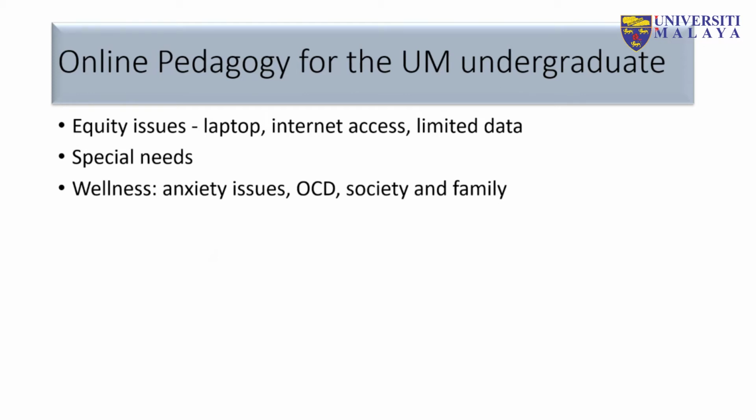In the university, they don't have so many issues, but when they have limited data, they have to prioritize whether to spend their data or waste their data on lectures or on their favorite program. They will have to prioritize. And we also have special needs to take care of. Who are your students? Do you know all your students? If you're looking at the undergraduate programs, I'm assuming there will be large numbers.